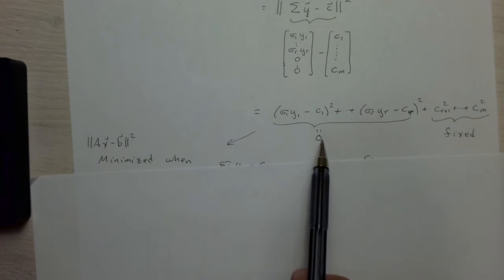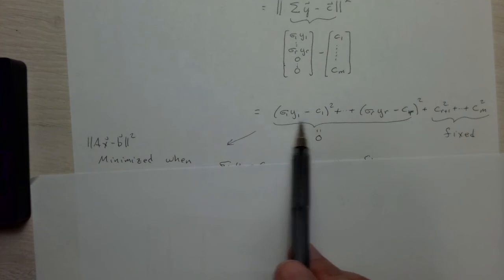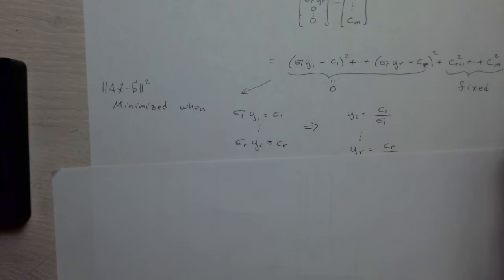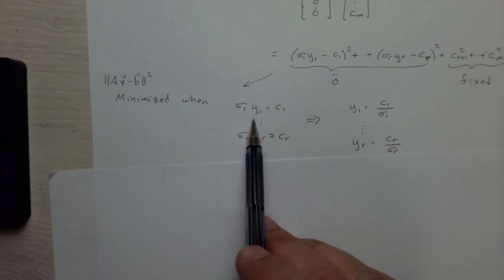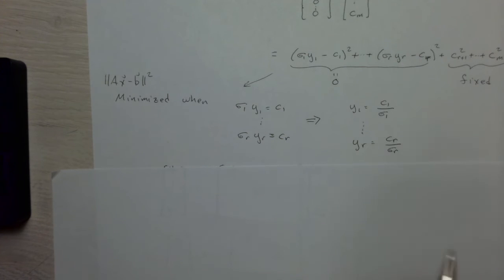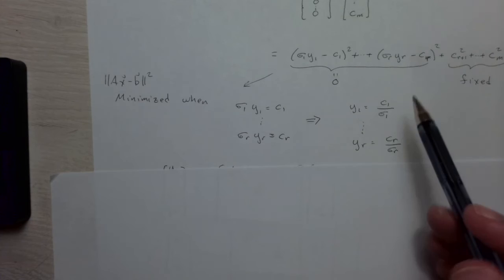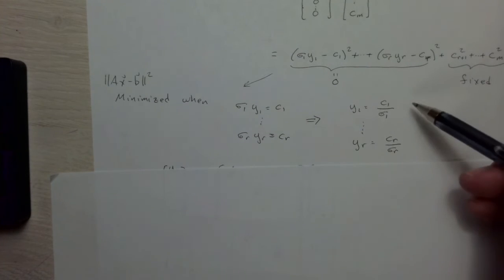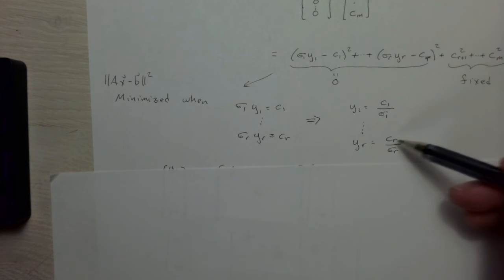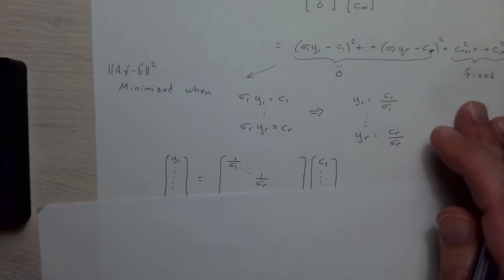The only way this can be 0 is if all these differences in the parentheses are all 0. So they're minimized when sigma 1 y1 equals c1, all the way down to sigma r yr equals cr. And then dividing through by the sigmas, which we can do because they're not 0, this tells us that y1 is c1 divided by sigma 1, and yr equals cr divided by sigma r.